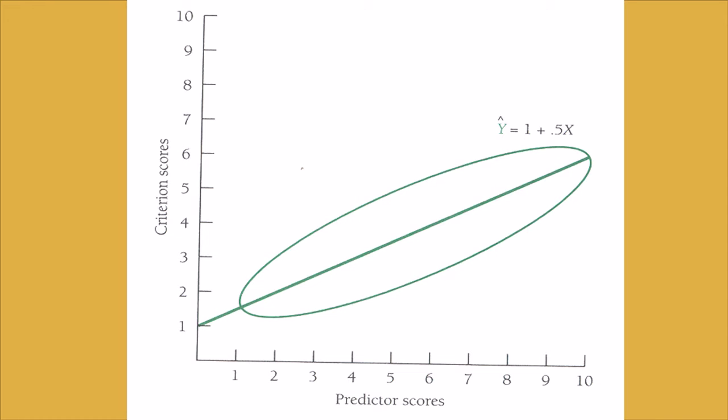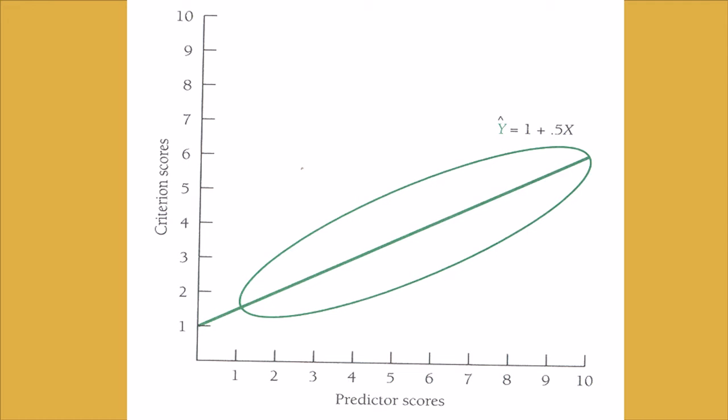In the process of choosing applicants for employment, unless you have one applicant per job, you have to make a decision. The regression equation gives us some information so we can estimate performance if we know a predictor score. If we know an applicant has received a 4 on their predictor score test, we can plug that into the line equation and see where their expected criterion score would be, their expected performance.